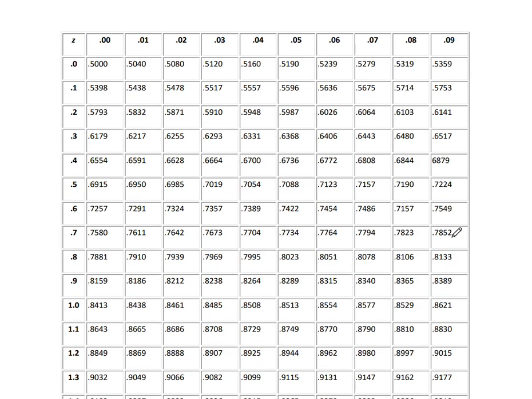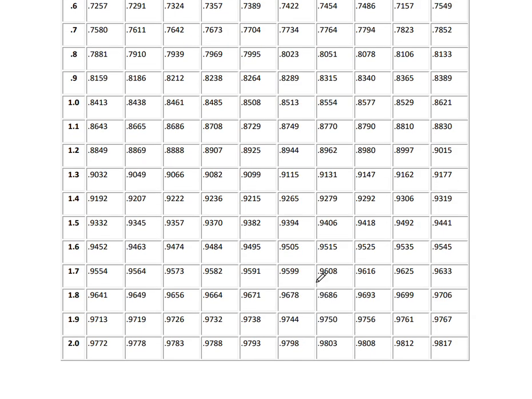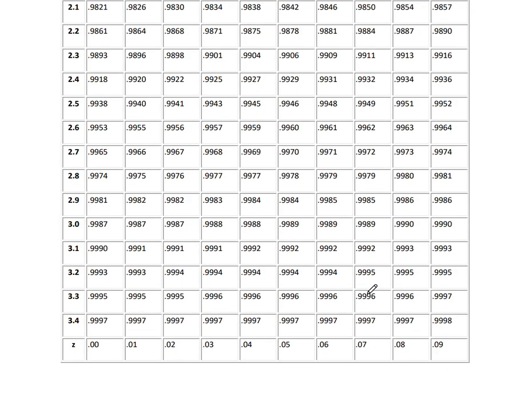When we find that value, we will read the z-score that corresponds to it, and that z-score will be our critical value. So let's look for 0.995, or the closest value to it. A reminder that as you go down and across in this standard normal table, the values get larger.